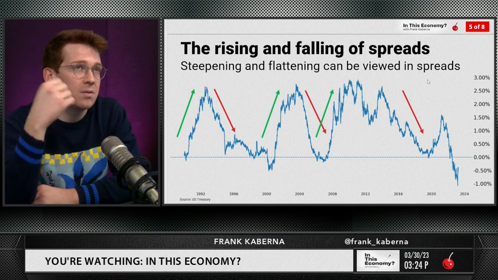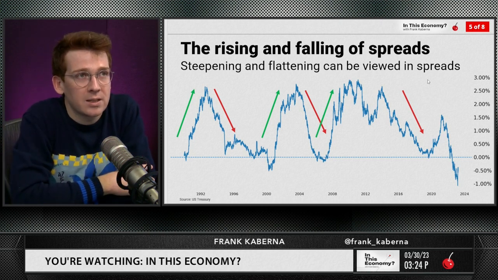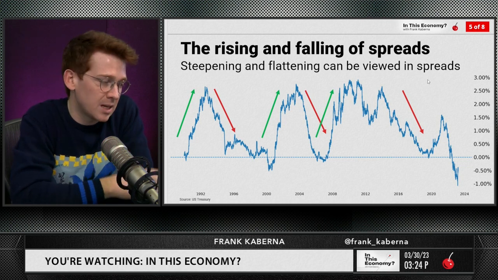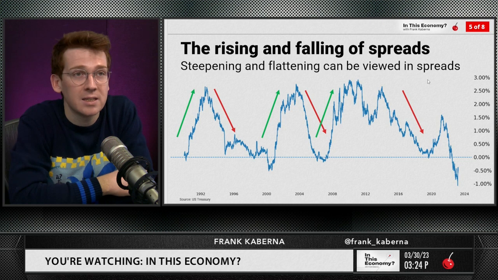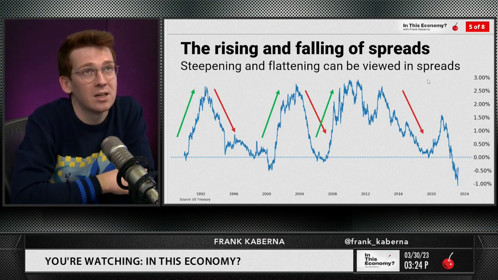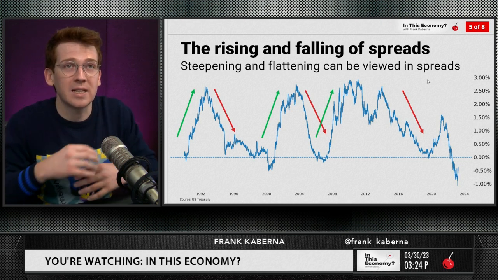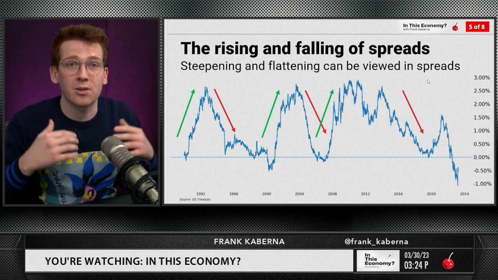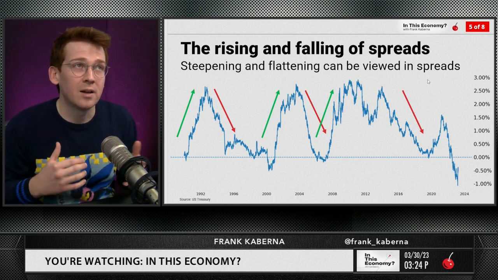Other ways that you can view it here with that same chart that we were looking at to start the show, which is the 10-year versus the 2-year over the last several decades. The rising and falling of the spreads correlate to steepening and flattening, respectively. As the 10-year gets to 2%, 3% worth of difference over the 2-year, that is steepening.